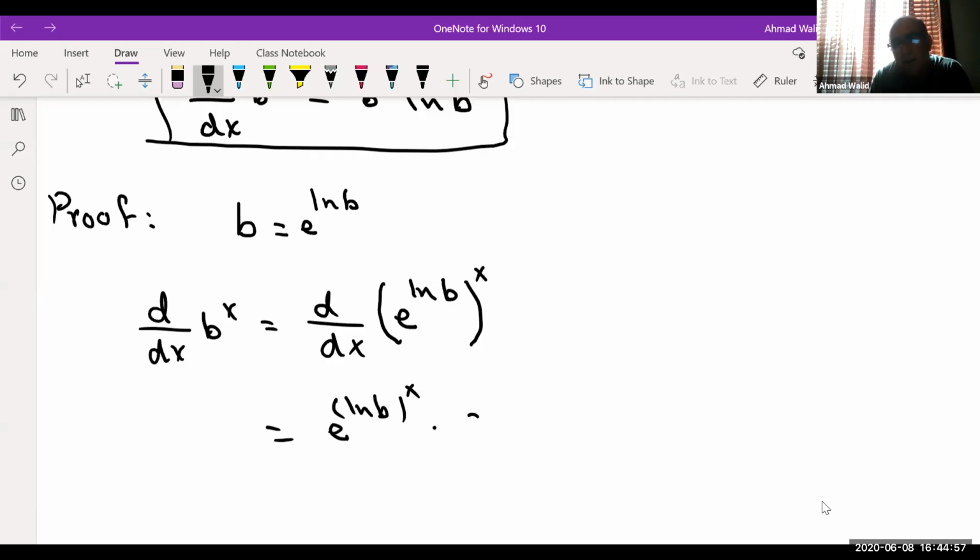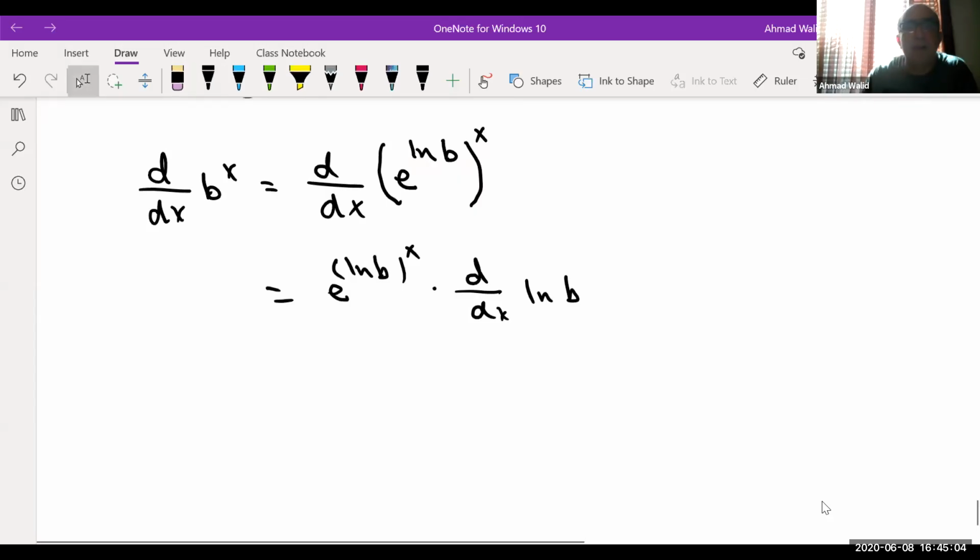You are looking for the derivative d dx of ln b x, which gives you ln b.